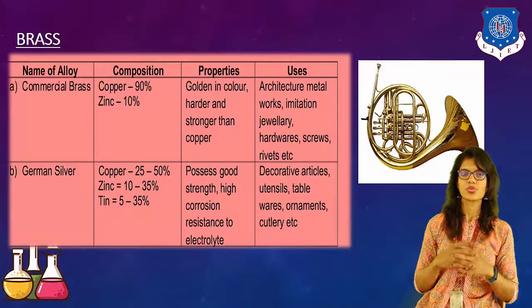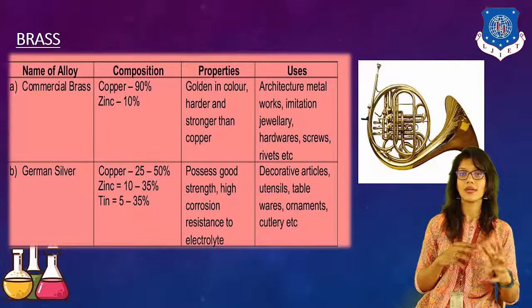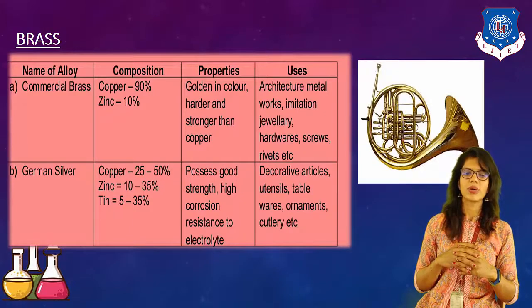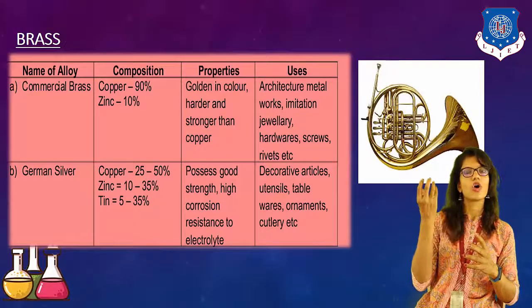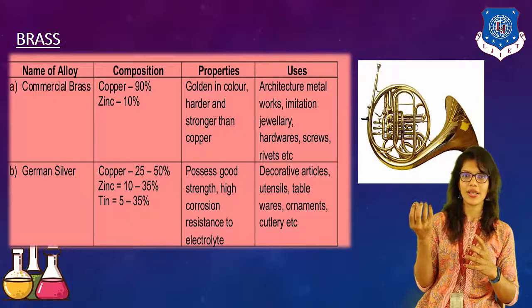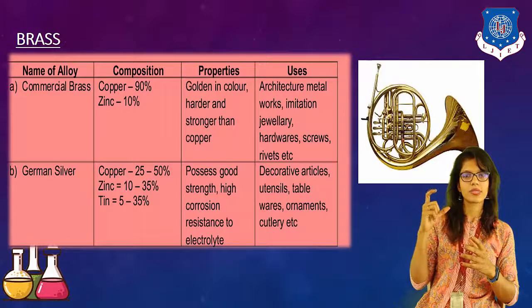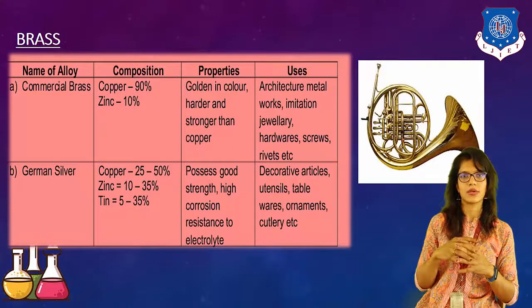So, in general, whenever we are talking about any kind of cutlery items or decorative items or manufacturing items, they contain brass, either German silver or commercial brass. Other kinds of brass are also there, known as cartridge brass, because the manufacturing of the cartridge shell contains brass. The shell of the pistol is made up of brass.